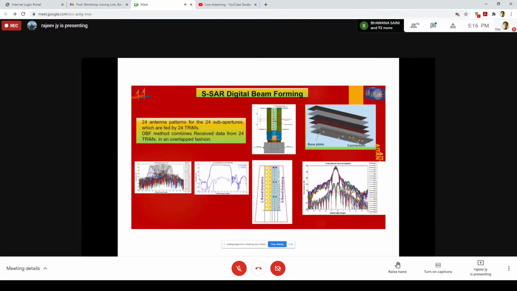By using very miniaturized transmit and receive modules, we are able to get a signal, and the signal which we get in the synthetic aperture radar is transmitted back to the ground at a very high band, that is K band and beyond.